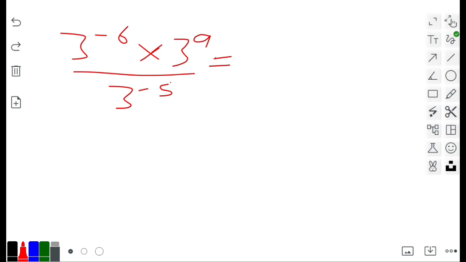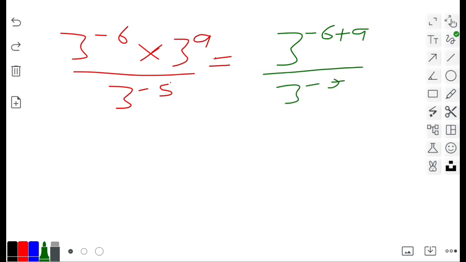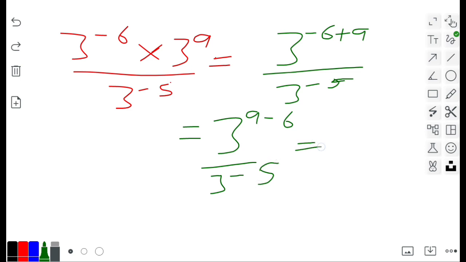Since we're having the same base of 3, we can proceed by saying 3 raised to the power of minus 6 plus 9 divided by 3 raised to the power of minus 5. Now, I'm going to be having 3 raised to the power of 9 minus 6 divided by 3 raised to the power of minus 5. So this will be 3 raised to the power 3 divided by 3 raised to the power minus 5.